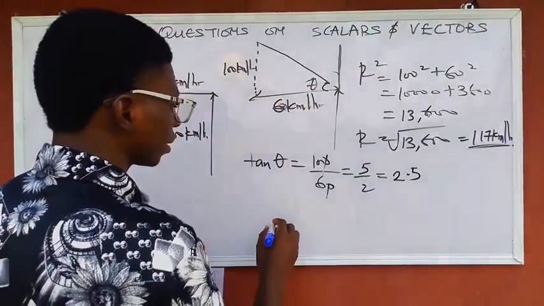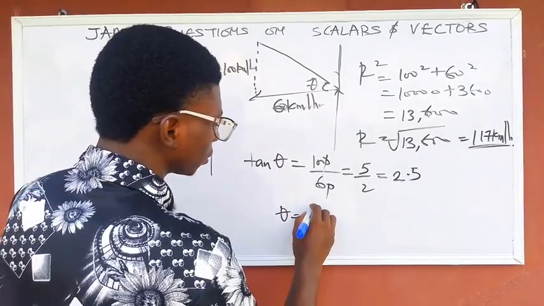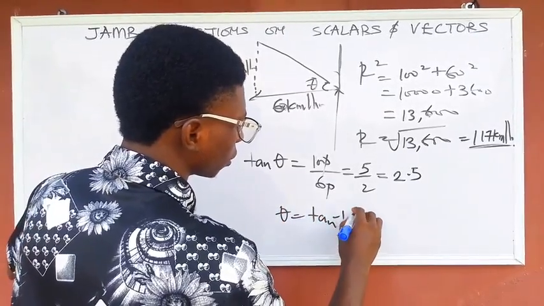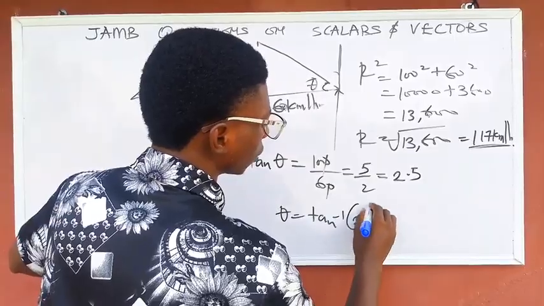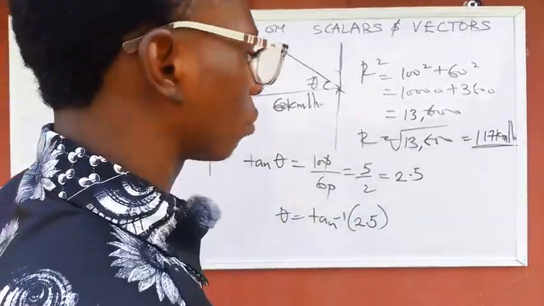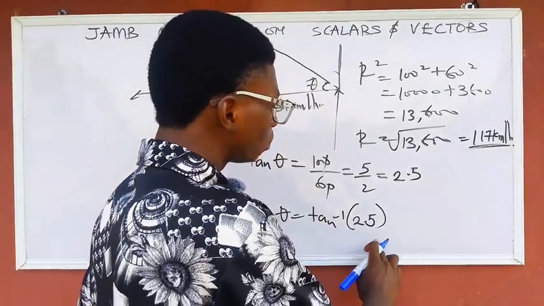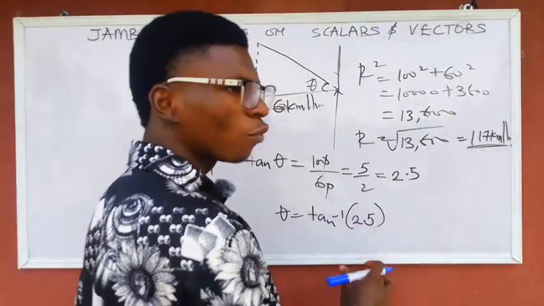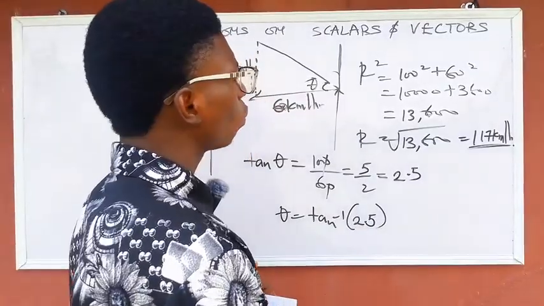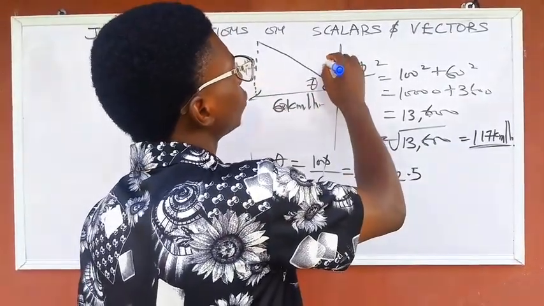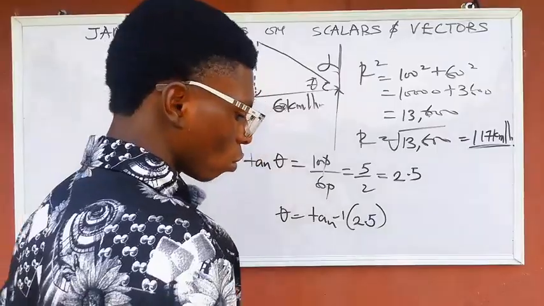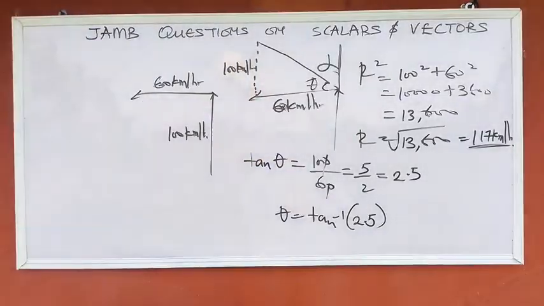So whatever this thing be, actually I'm not with a calculator now. Yes, I'm not with a calculator. My calculator has spoiled. So whatever this thing be, you remove that value from 90. So whatever that be will be the direction of that resultant. Are you getting me now?